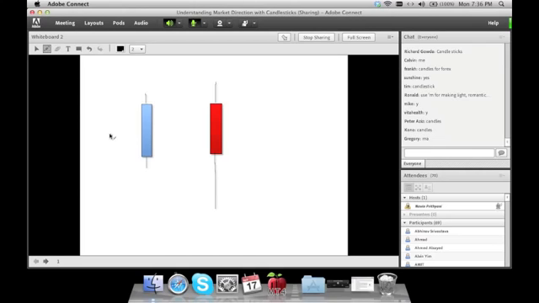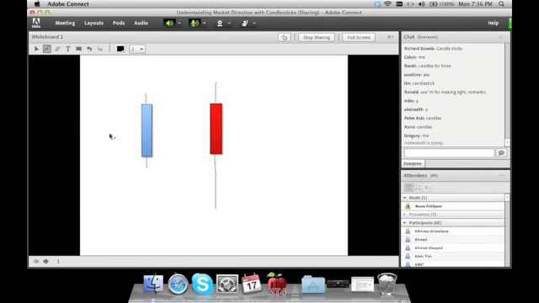Okay. So, can everyone see the things drawn on my screen on the whiteboard, the blue and red candle? Going with the very basics, when the candle opens up, what does the blue candle represent? An uptrend or a bullish candle or a long.